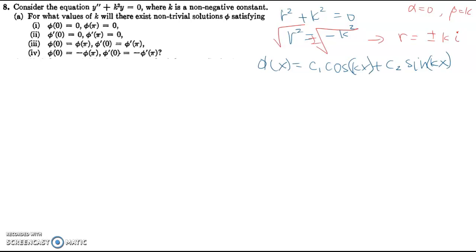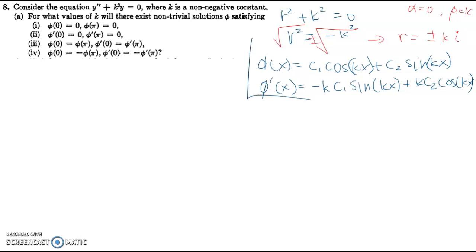It seems like for all of these subparts, we have to utilize the differentiated once version. So we're going to go ahead and just do that quickly. That's going to be negative k C1 sine of kx plus k C2 cosine of kx. Alright, so we'll keep this around as we do the subparts of this equation.